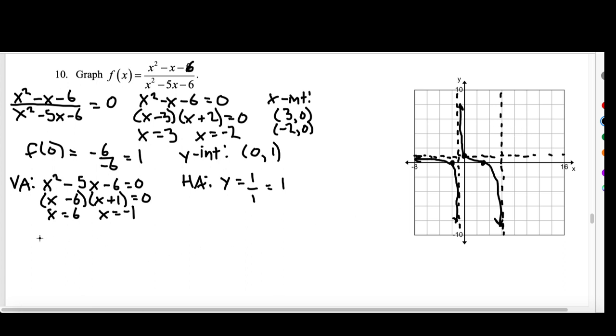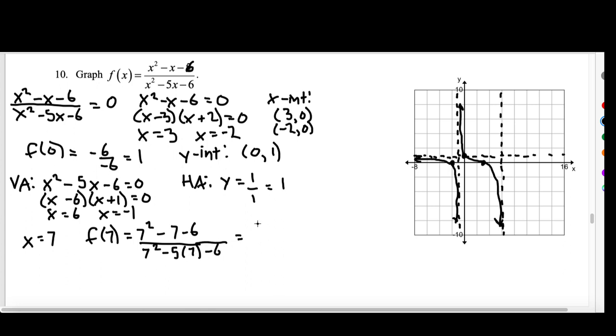So maybe plug in x equals 7. So evaluate f of 7, which equals 7 squared minus 7 minus 6 over 7 squared minus 5 times 7 minus 6. Simplify that down.